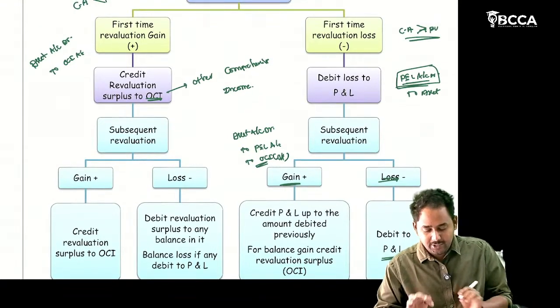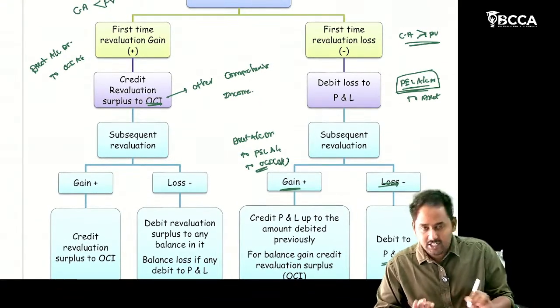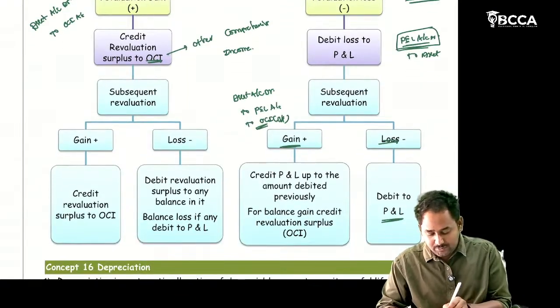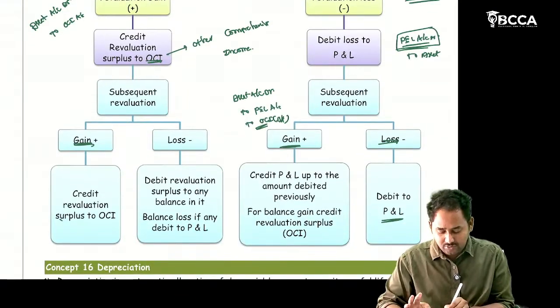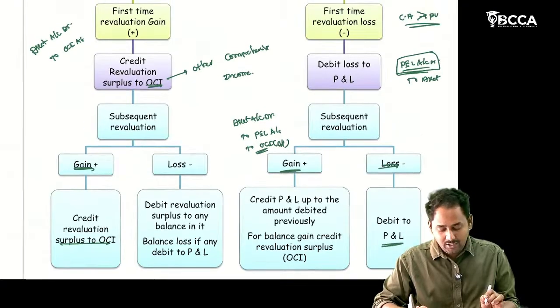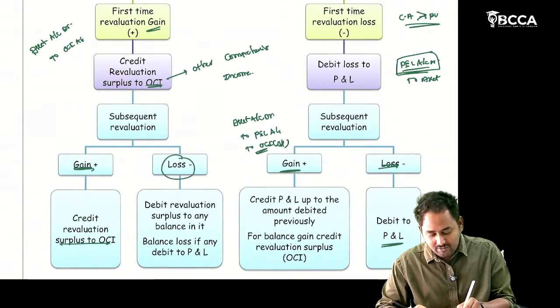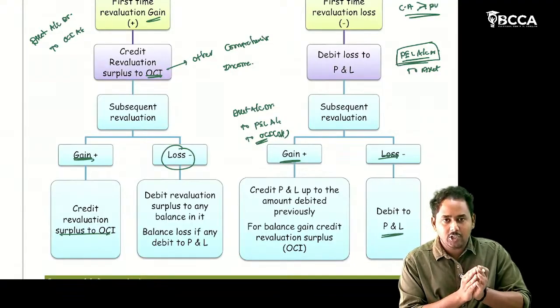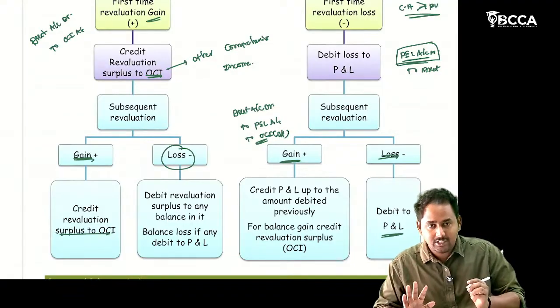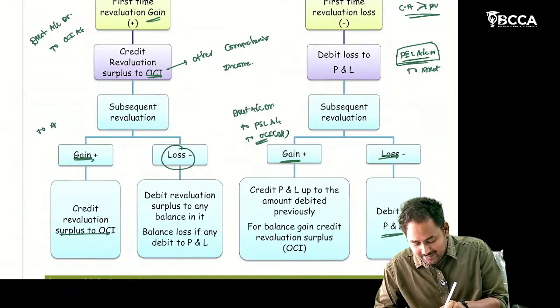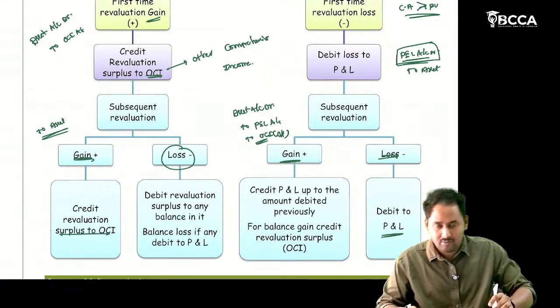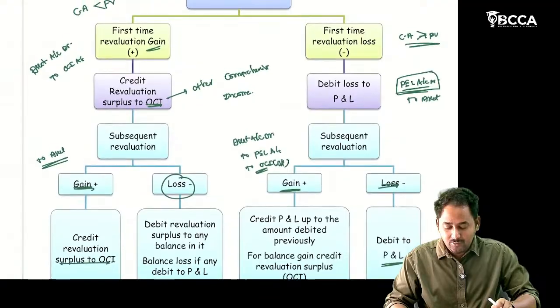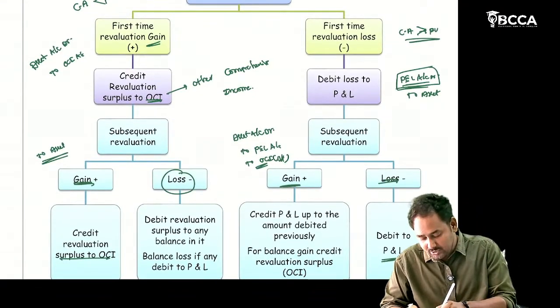Then with respect to the gain. Initially a gain, which is transferred to OCI, and subsequently again a gain. Again it should be transferred to OCI. There is no confusion. But initially a gain and subsequently a loss, then what are we going to do? Generally a loss should go to the P&L account, but in this case, what happens to the asset account? First there is an OCI balance, right? So use that OCI balance first.